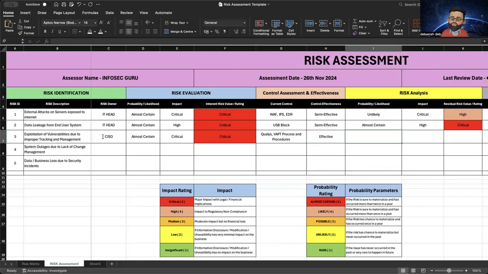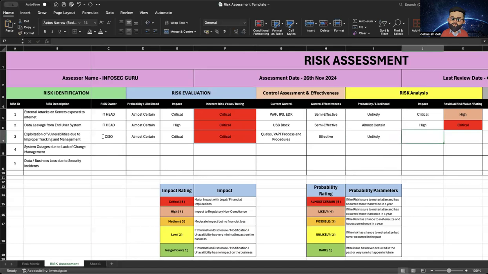Now we have all the controls. What is the probability of it occurring? It has a chance to materialize because there are certain 0-day vulnerabilities which can come, but we can mark it as unlikely. Now, what is the impact if any 0-day vulnerability occurs and is exploited by someone?